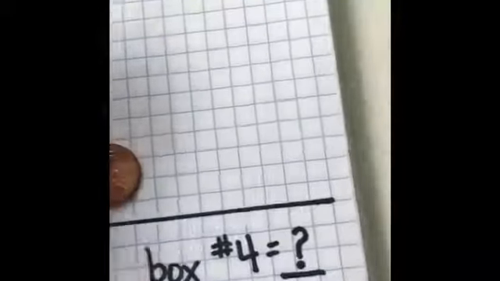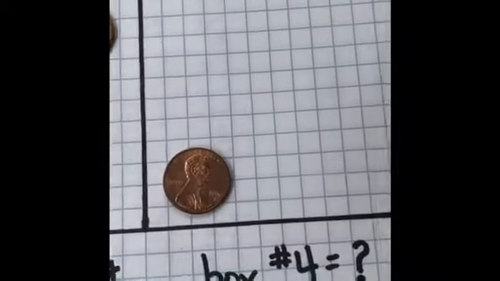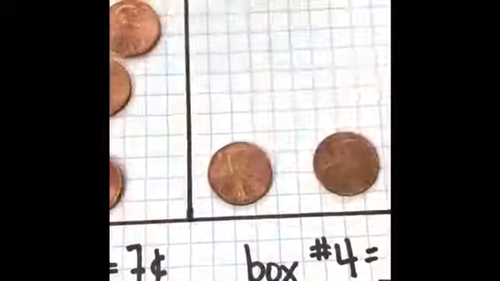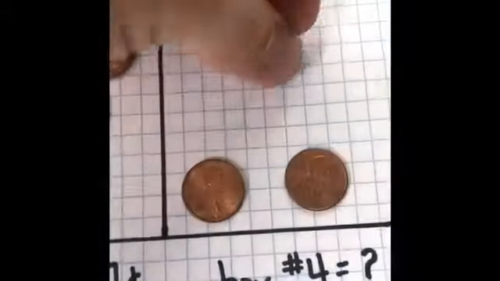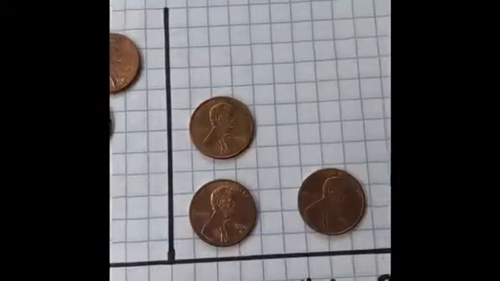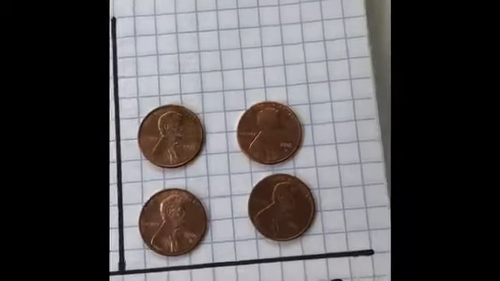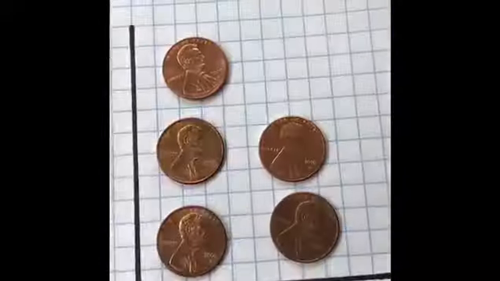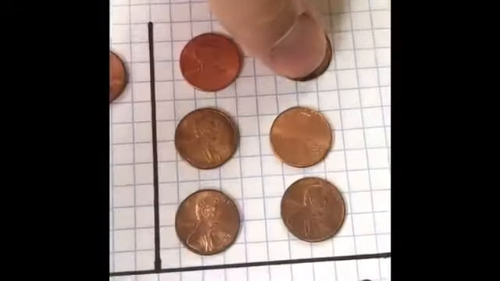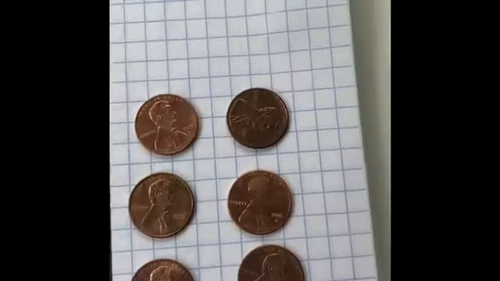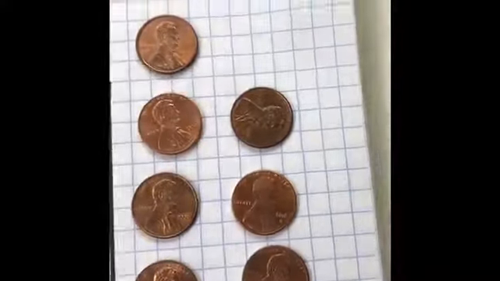So I have 1, 2, 3, 4, 5, 6, 7. So there's our 7.